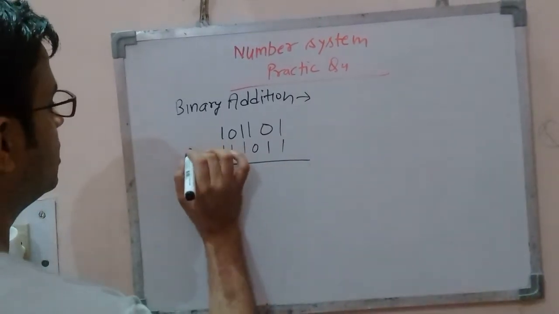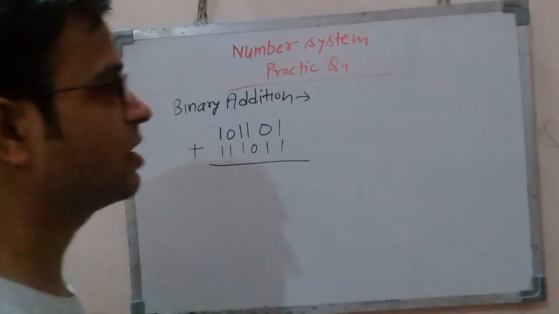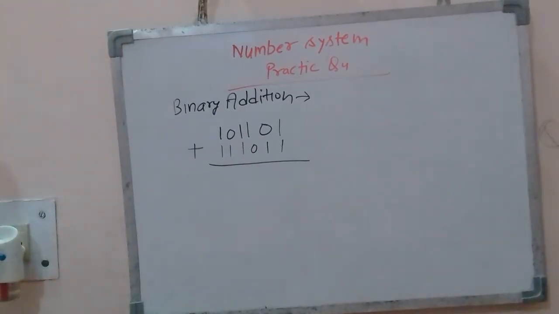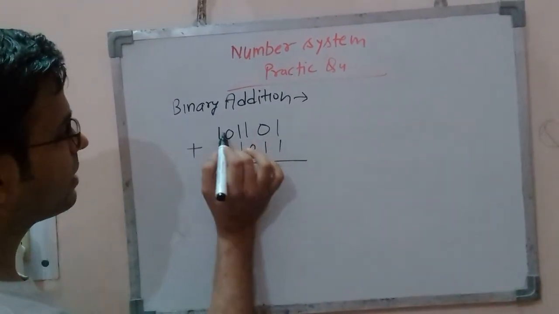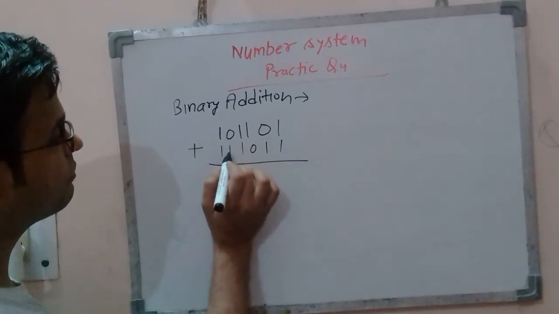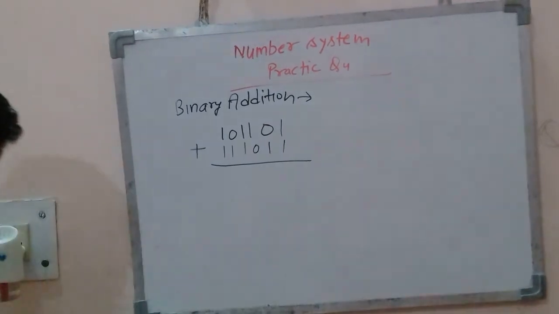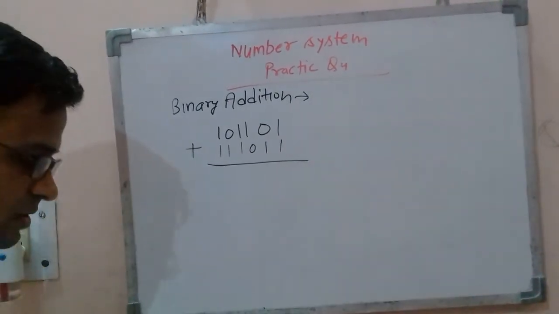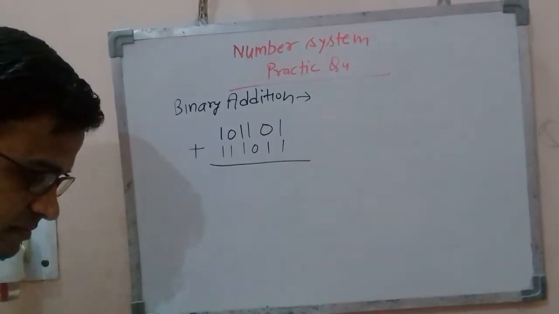Now you have been asked to add these two binary numbers. One binary number is 1 0 1 1 0 1, and another binary number given is 1 1 1 0 1 1. That means binary addition you have to do.